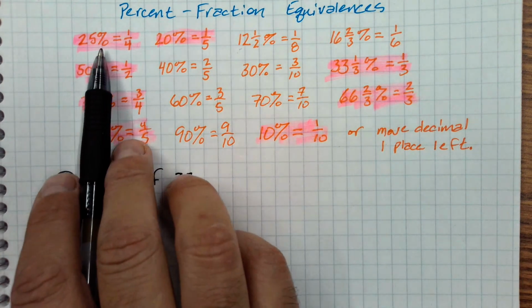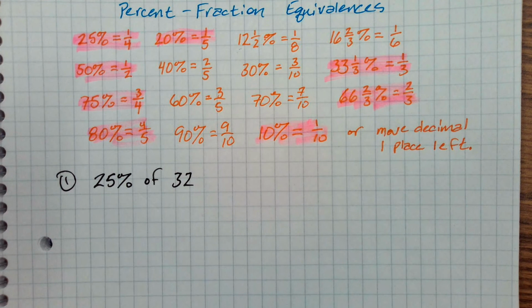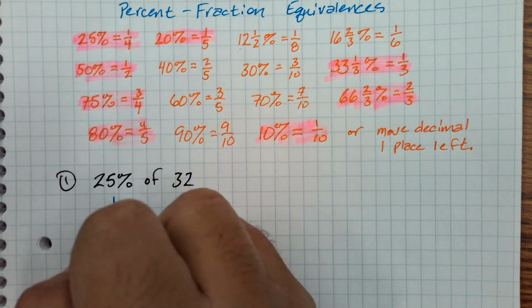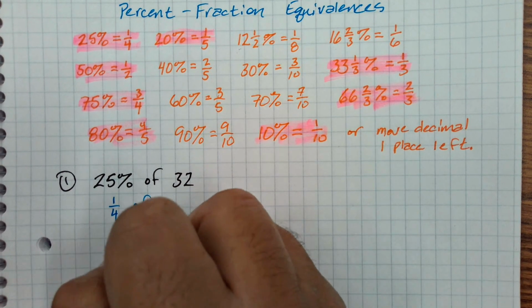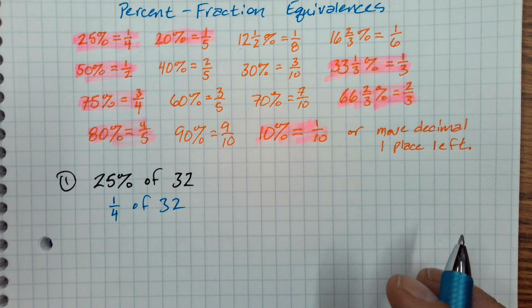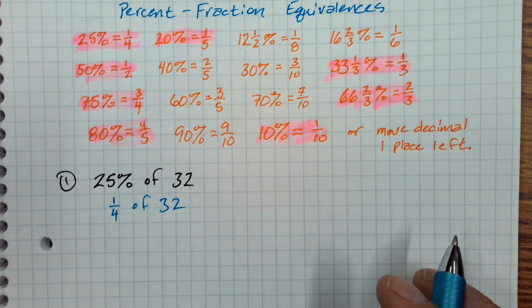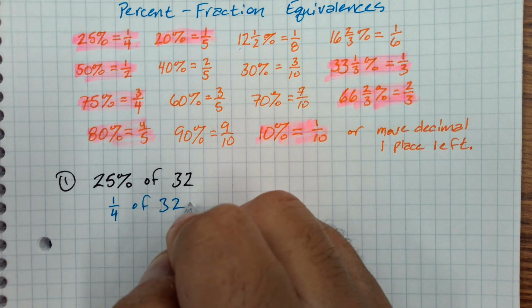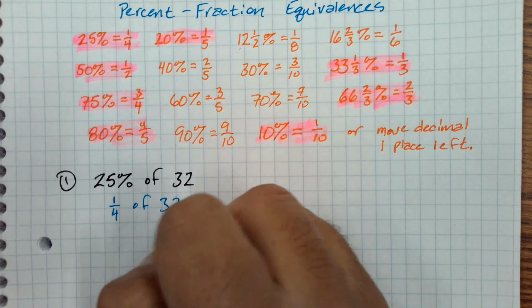It's 1/4. So the mental part, the brain part, would be saying, okay, that's 1/4 of 32. Gabriel, tell me, what's the thought process? So just do 32 divided by 4. Yeah, that's what I did. And it's 8. 32 divided by 4.